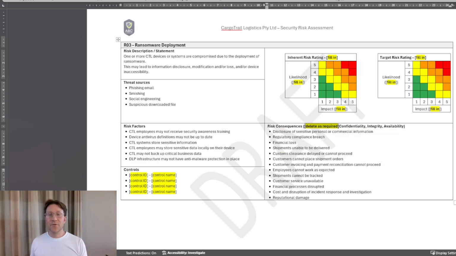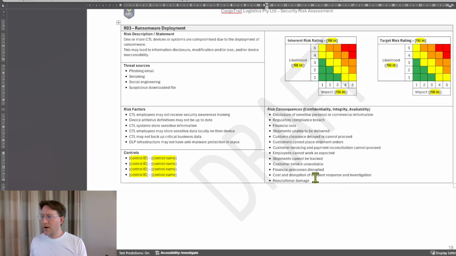In terms of consequences, we know that it can affect confidentiality, integrity, and availability. I have used the same consequences as the first two risks around access control, except I have removed the consequence of shipments potentially being delivered to the wrong recipient.